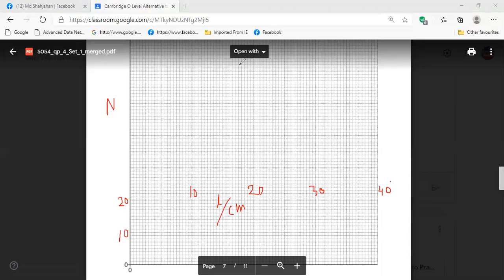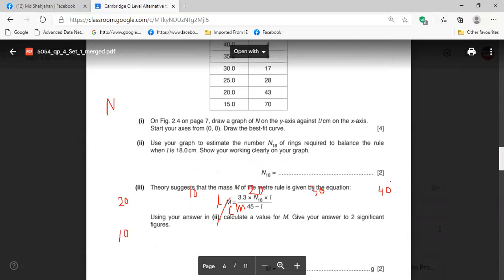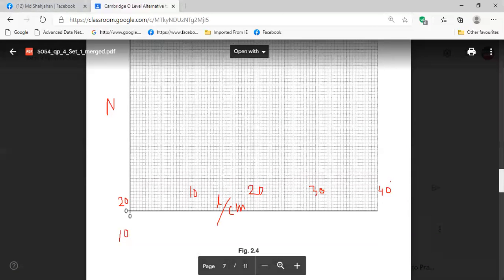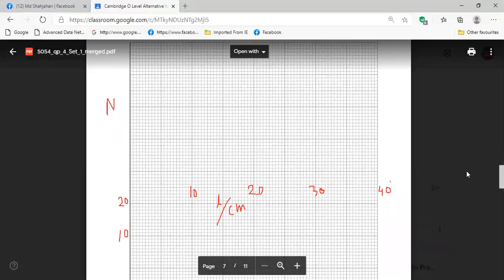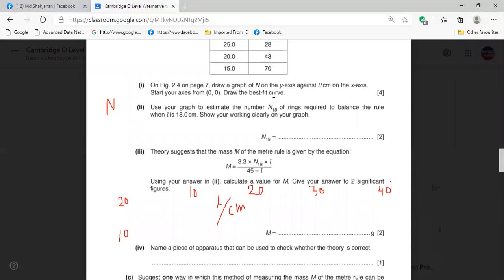And after going there, you find the points. From the values given, you get the points, and after getting the points, you should draw a curve line. You see, in the question they are saying a very important thing, best fit curve.